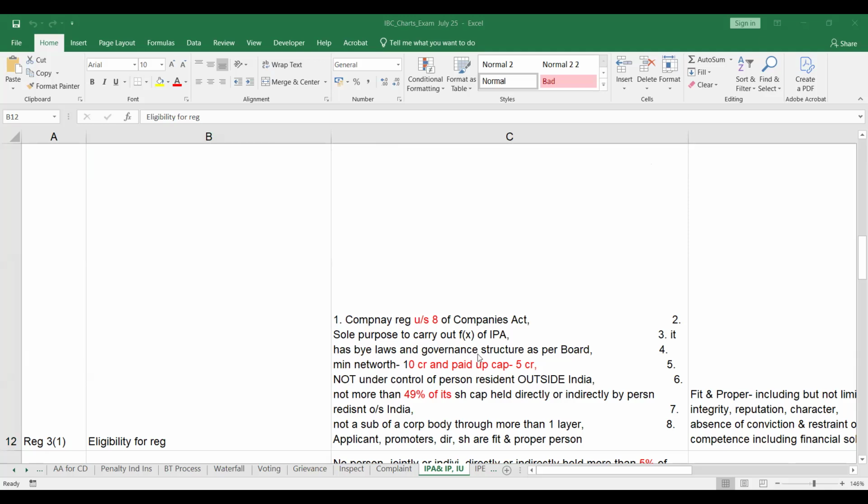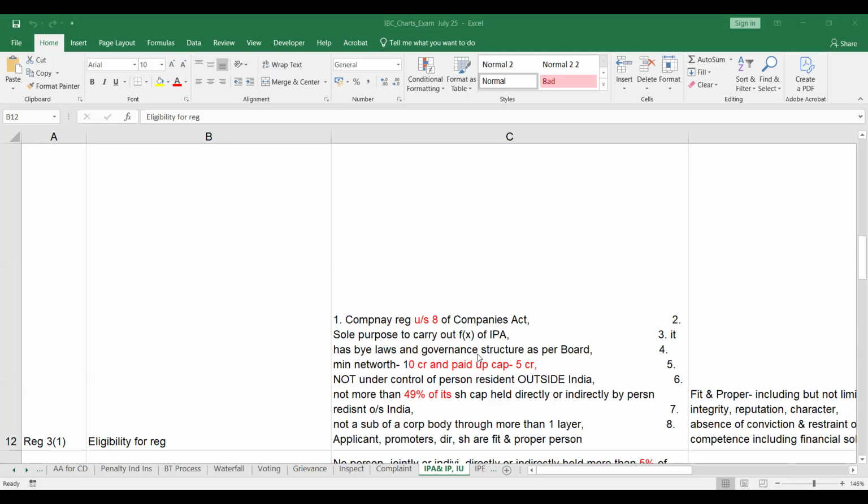There are model bylaws and a governance structure which have been specified by the board. So the IPA has to frame its bylaws and governance structure as per the board's model bylaws, right? Next, the minimum net worth of the IPA should be 10 crores and paid up capital should not be less than 5 crores.